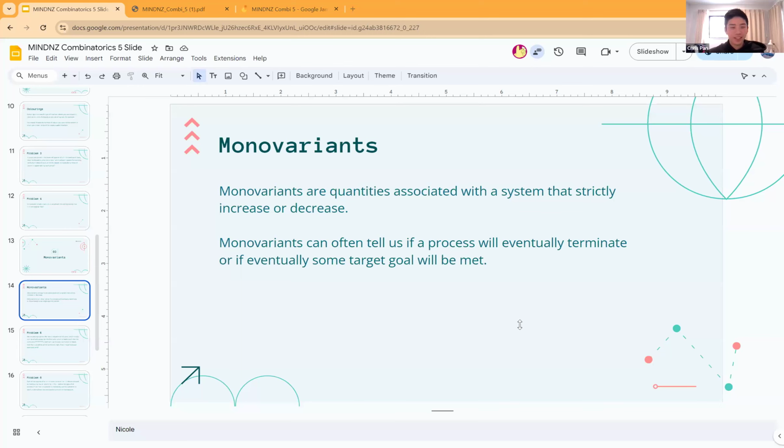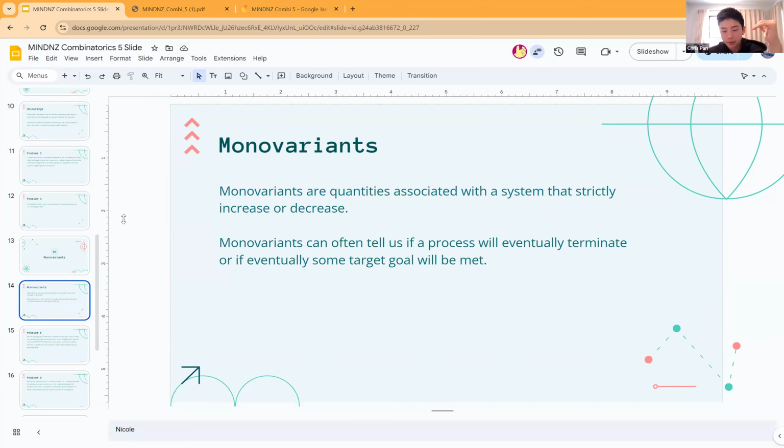Okay, we're going to monovariants now, right? Monovariants are similar to invariants, I guess. But it's also some quantity associated with a system that changes. It's different from invariance in that this thing does change. An invariant is something that stays fixed throughout all states of the game, but monovariants only increase or only decrease.